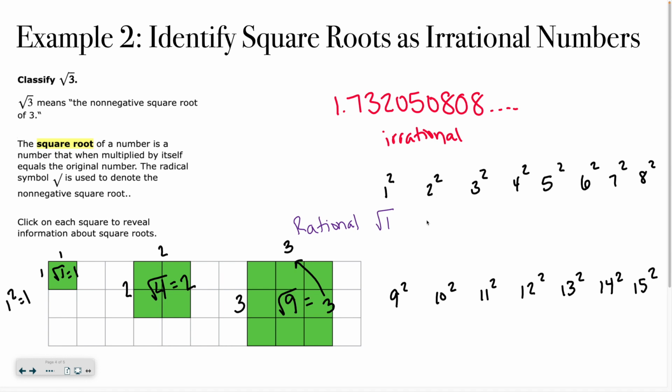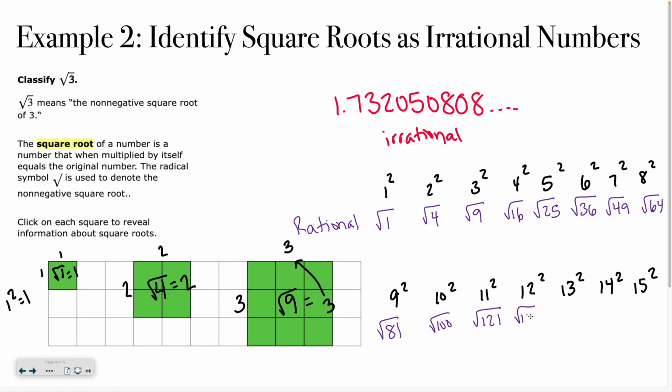So then 2 squared is 4, 3 squared is 9, 4 squared is 16, 5 squared is 25, 6 squared is 36, 7 squared is 49, 8 squared is 64, 9 squared is 81, 10 squared is 100, 11 squared is 121, 12 squared is 144, 13 squared is 169, 14 squared is 196, and 15 squared is going to be 225.